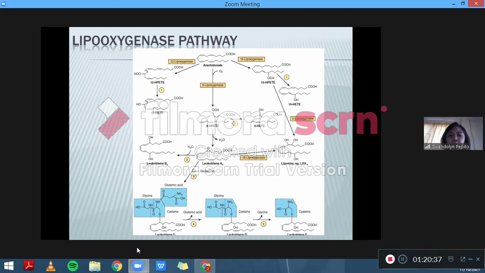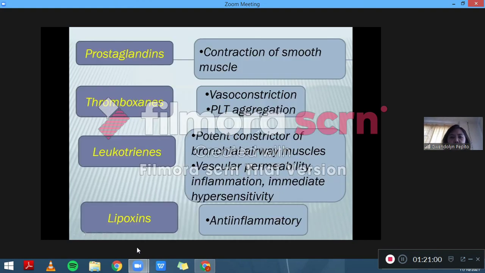Okay, so the common drug that can control these reactions, the leukotrienes, is Montelukast. So these are some examples of the physiologic effects of these eicosanoids to the body.